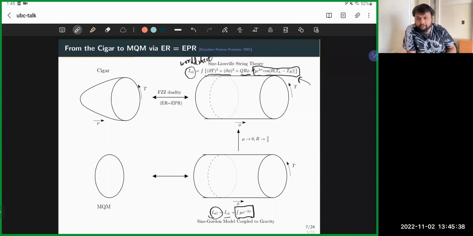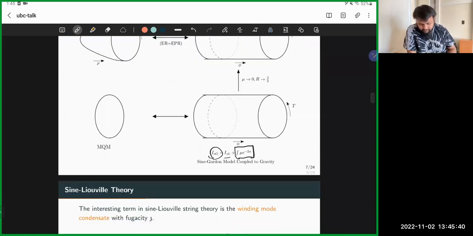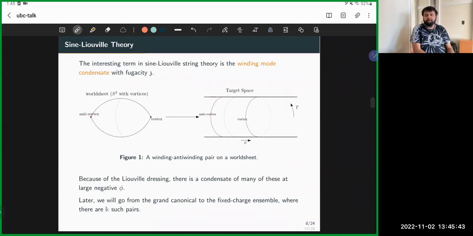So now let me tell you about this extra term in sine-Liouville. The extra term in sine-Liouville is really just a fugacity for winding modes. A winding mode is a mode in the string which goes around the thermal circle.